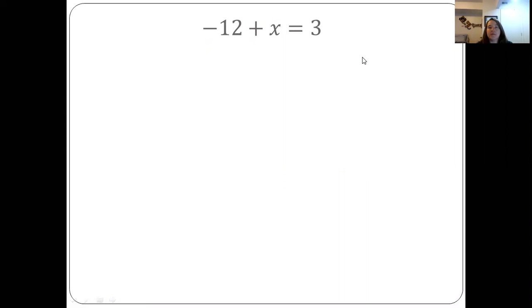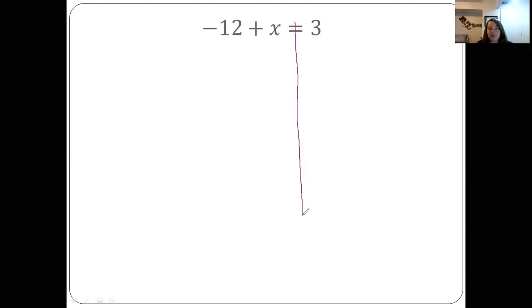Okay, so similar type of setup here. We're always going to find that equal sign and draw that line down so we know where the two sides are. We're always going to figure out where x is. So you can box, circle, triangle, whichever shape you want to put around the x so you can see it. You know where it is. And figure out what is happening to it right now.